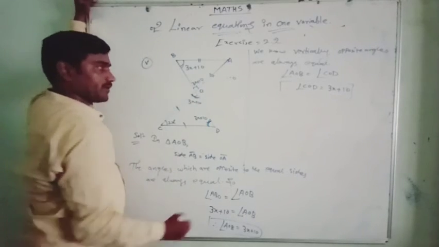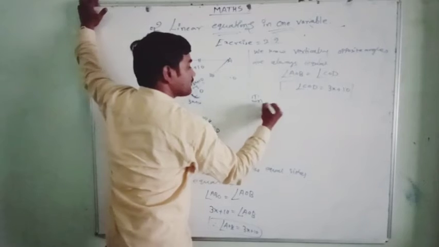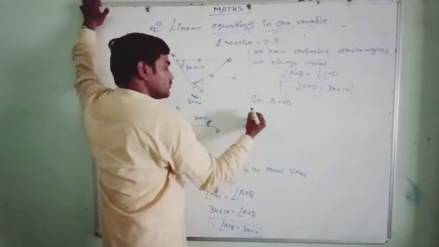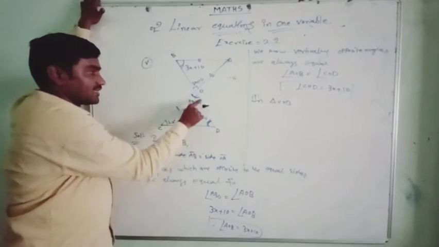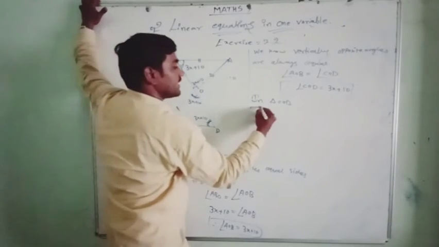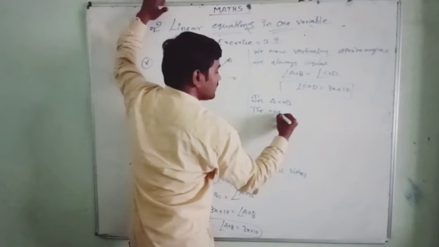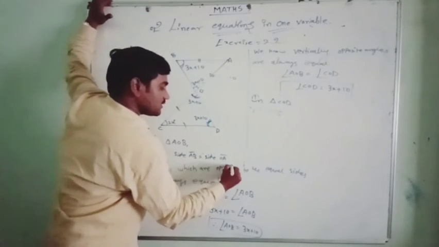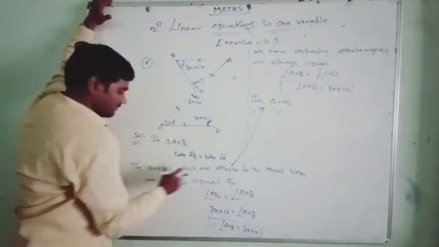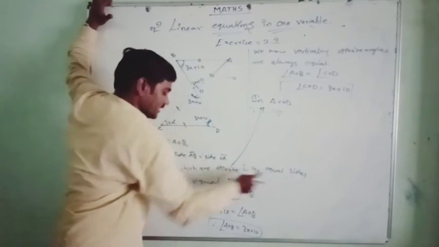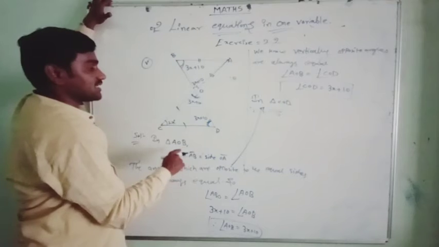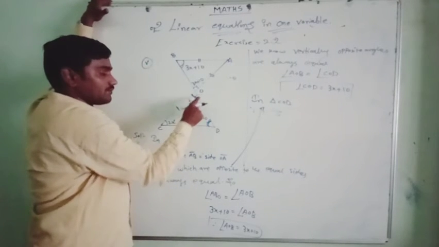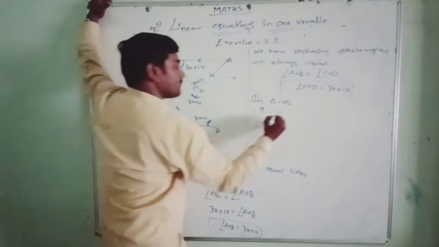By using the same property again, in triangle COD, if two sides are equal, the angles which are opposite to the equal sides are equal. So angle COD is equal to angle CDO.